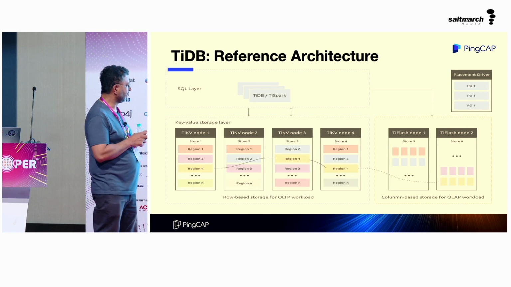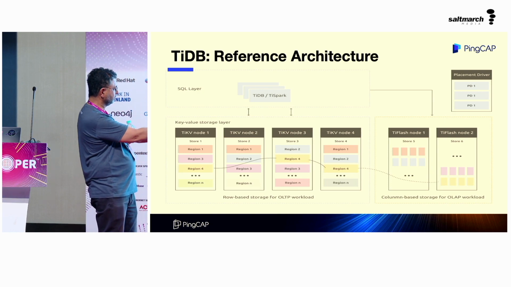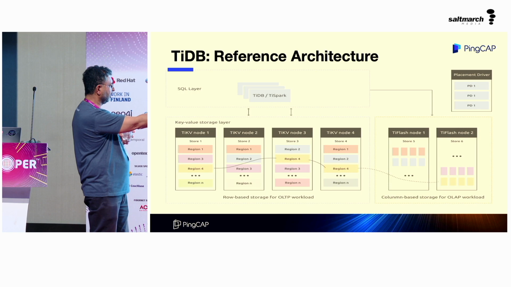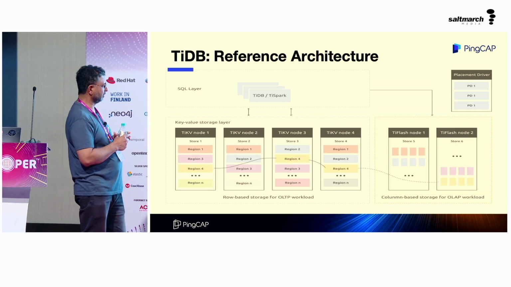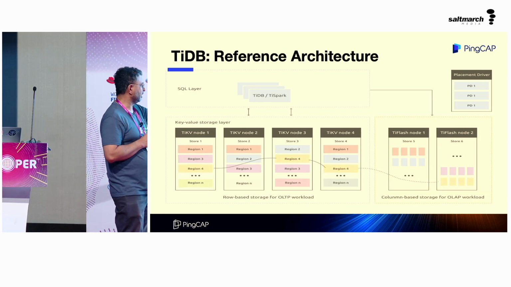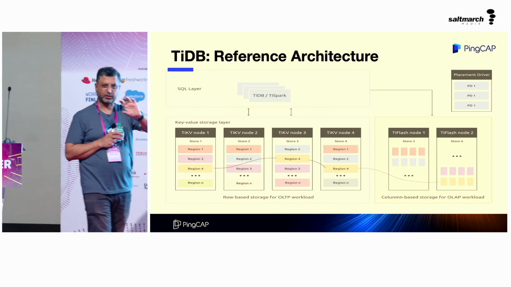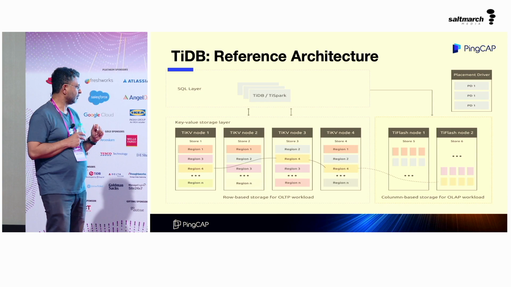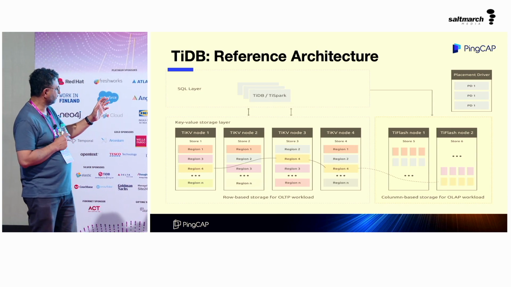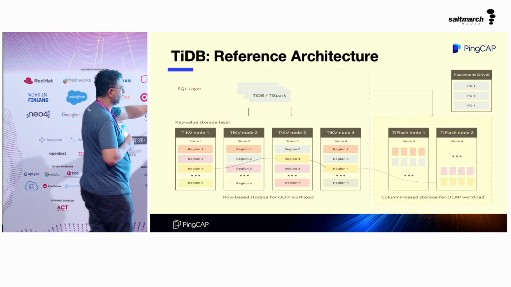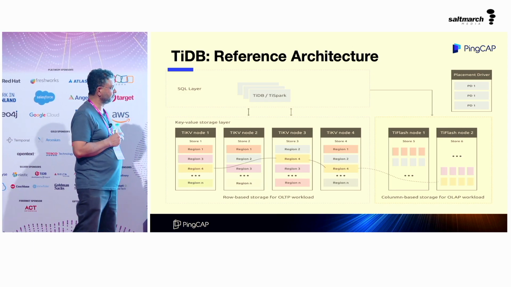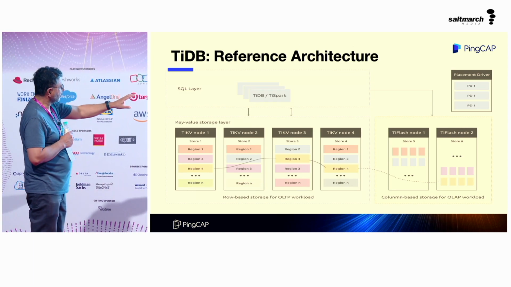So let me try and explain what those little arrows mean and how it's supposed to work. Think of region 1, region 2, region 3 as your horizontal partitioning of a table. Let's assume they're all part of the same table.